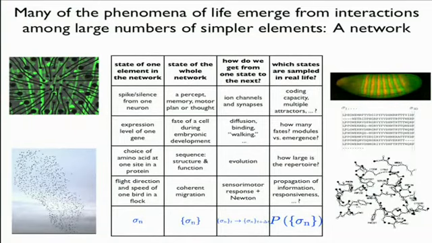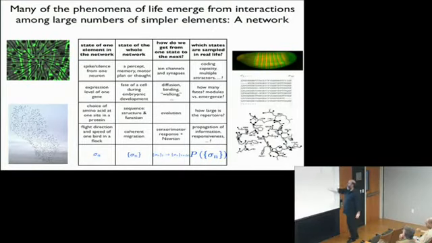So you can think of protein structures as being held together by the interactions among large numbers of amino acids, and the dynamics of evolution as exploring this space of amino acids.